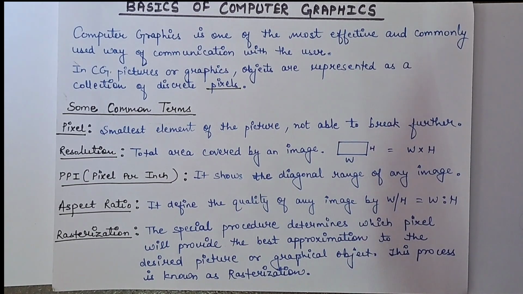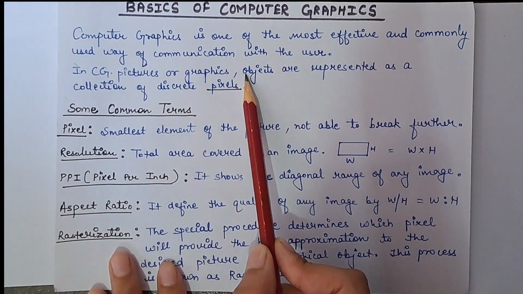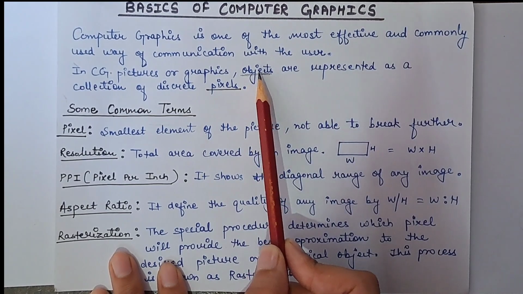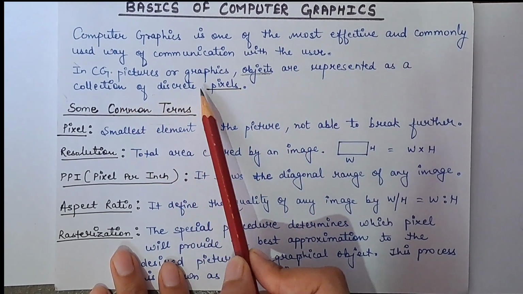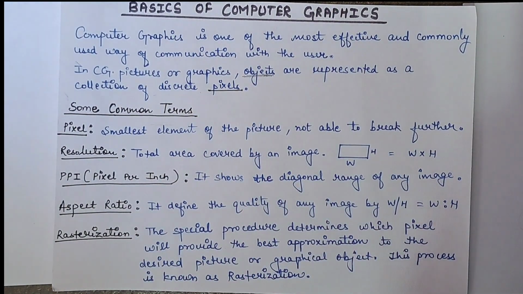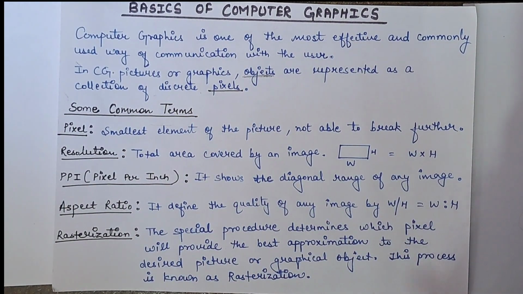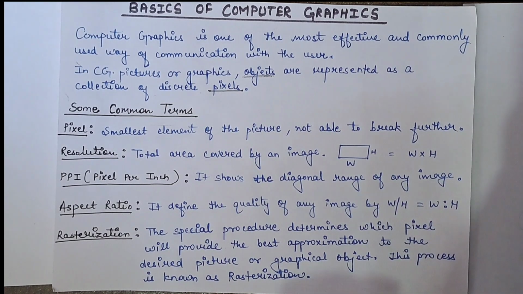Next, in computer graphics, pictures or graphics, see this very carefully, the objects are represented as the collection of discrete pixels. इसका मतलब ये है कि कंप्यूटर ग्राफिक्स में जो डिफरेंट हमारे पास वैरायटी ऑफ जो ग्राफिक्स होते हैं या जो पिक्चर्स होती हैं, उनमें हर ऑब्जेक्ट जो होता है वो रिप्रेजेंटेड होता है एज अ कलेक्शन ऑफ discrete pixels.